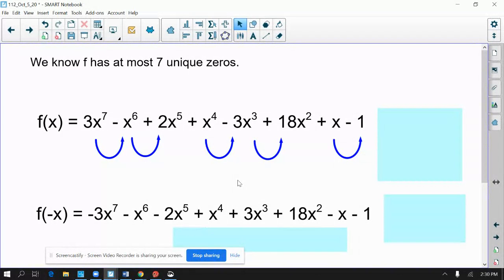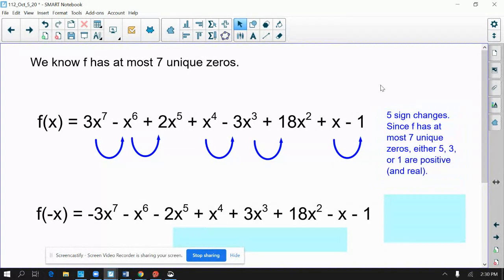This one had 5 sign changes. So how many positive real zeros are there? Realize there are only 7 zeros in total. Some of those are positive, some may be negative, some may be imaginary. But how many possible positive real are there? 5 sign changes means there are 5, 3, or 1 positive zeros.